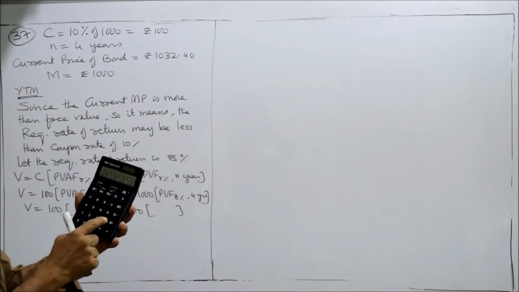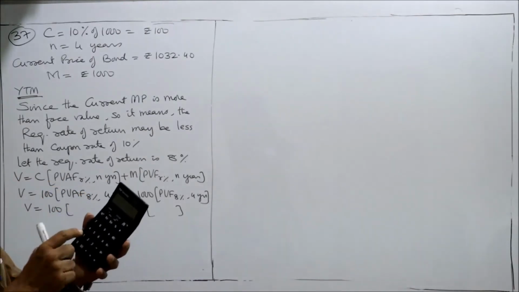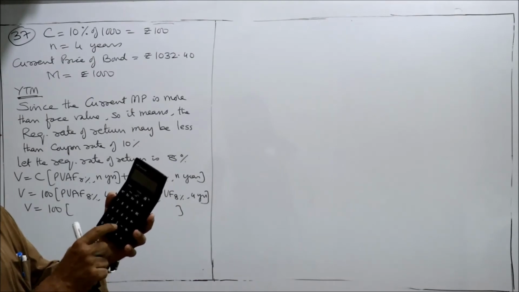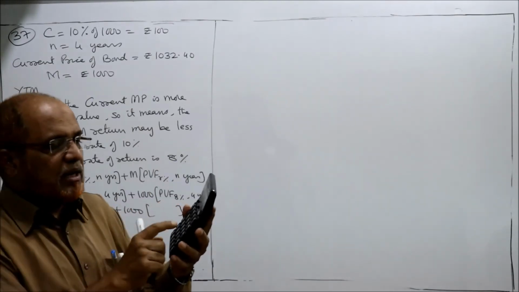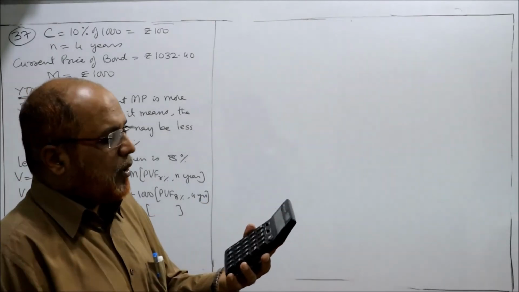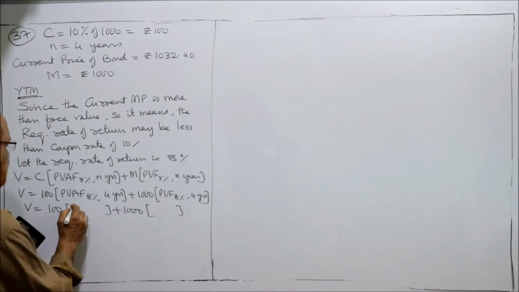I am keeping that 1 year factor in memory. So for how many years? 4 years. 4 times I have kept in memory. Now recall your memory. 3.312.